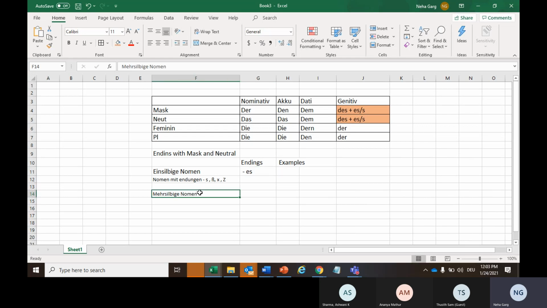If we have more vowels in the noun, then we use only s.